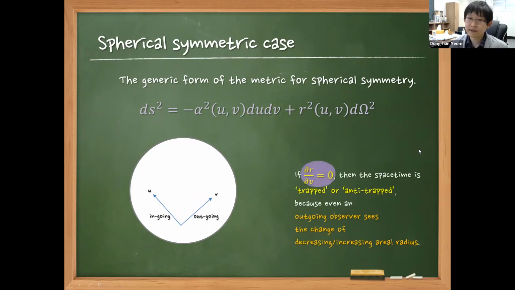In this spherical symmetry case, the important local quantity to check whether the space-time is trapped or anti-trapped is defined by this quantity. On the first day, I mentioned that if you decide the ingoing direction and outgoing direction, then usually along the ingoing null direction, the areal radius should decrease. In the outgoing null direction, the areal radius should increase.